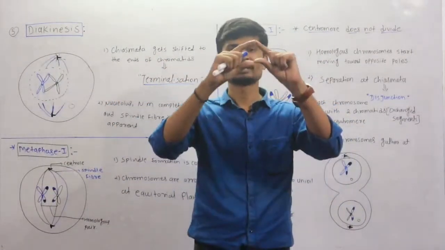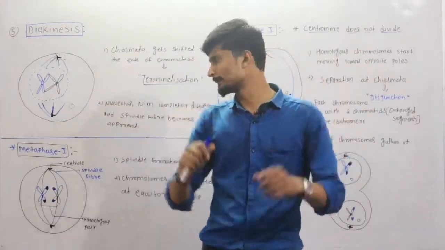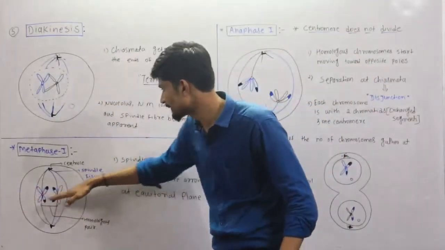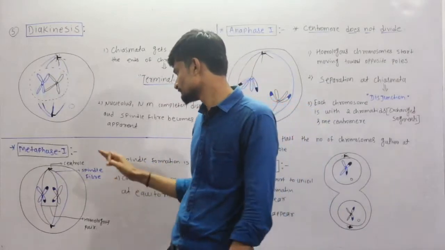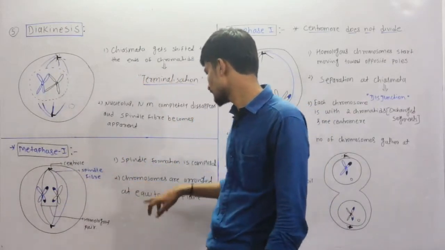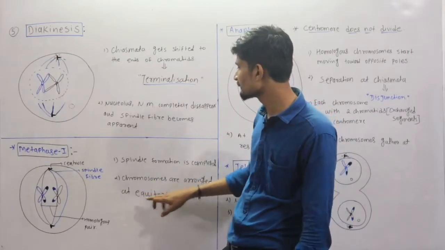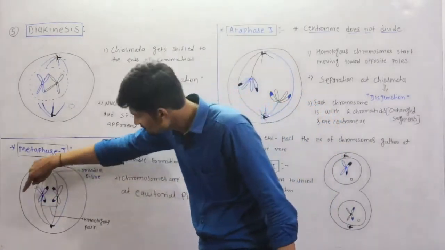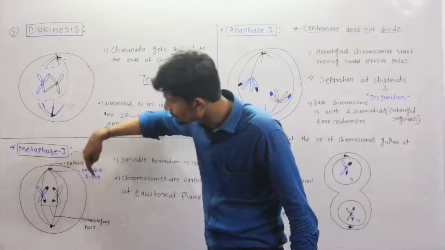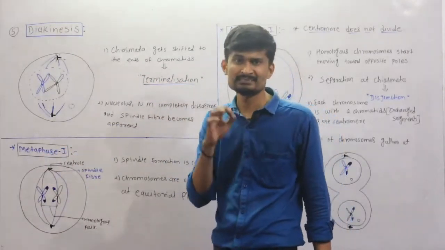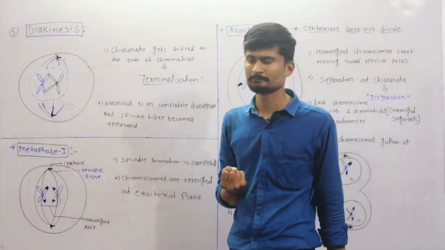The chromosomes get aligned at the equatorial plane of the cell. The same happens in metaphase first: the chromosomes are arranged at the equatorial plane. This is the characteristic of metaphase.